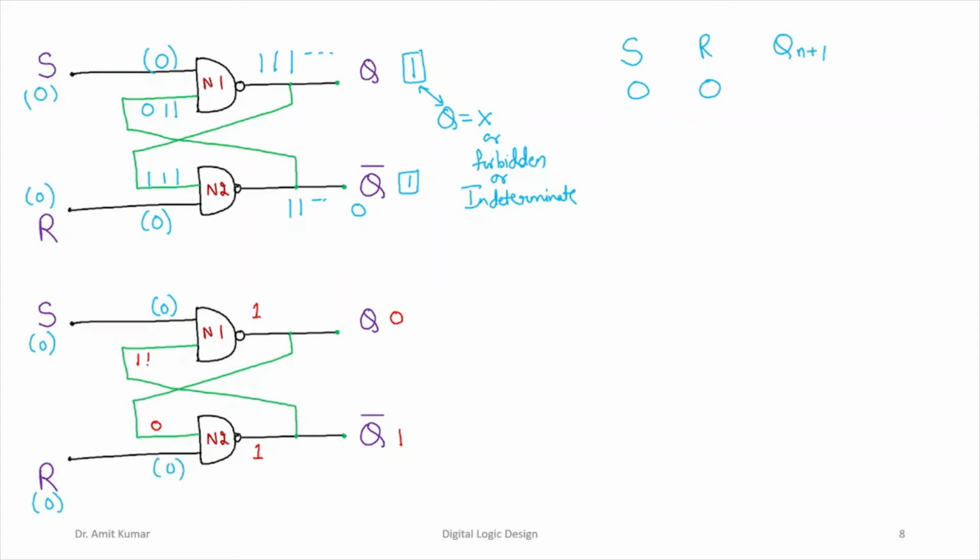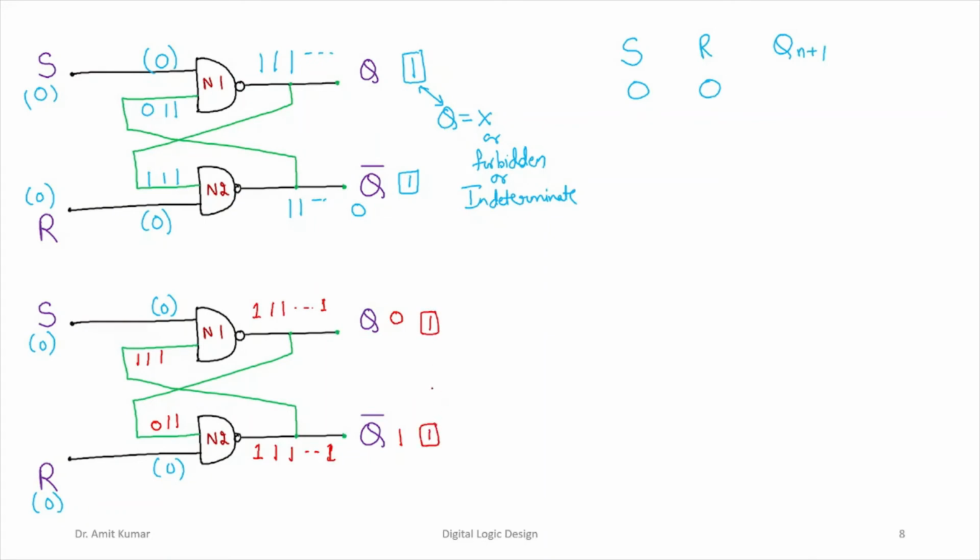This is a 1, from the feedback this is 1. 0 NAND 1, again 1. Again this one from the feedback. So basically both of these outputs will be set to 1.